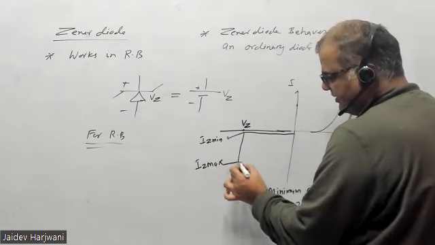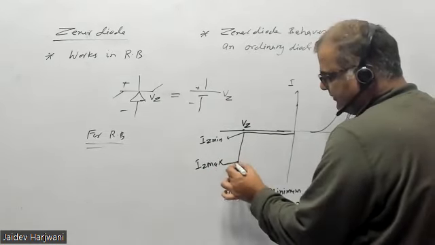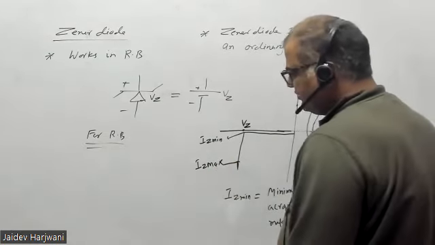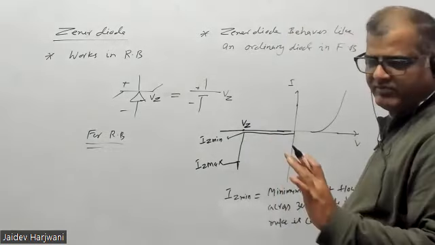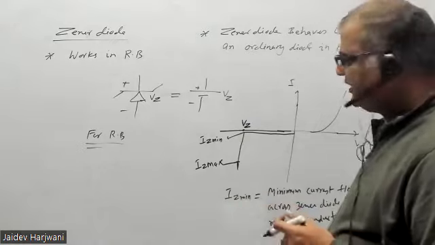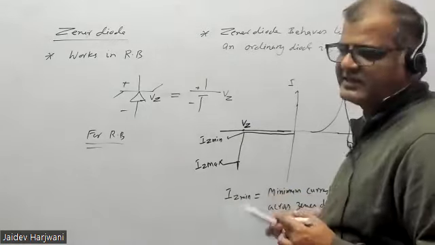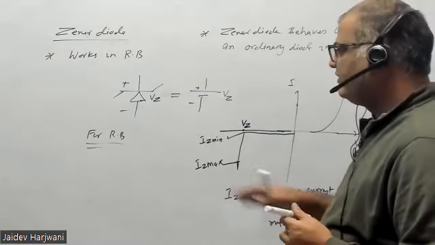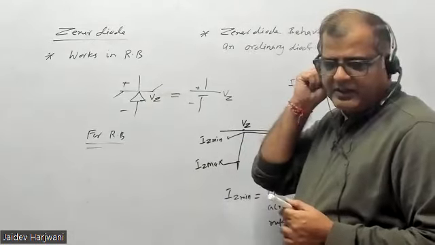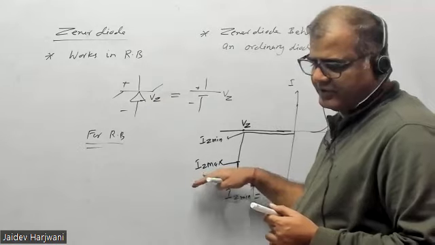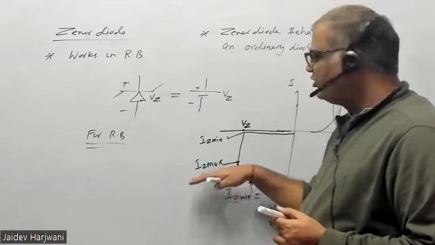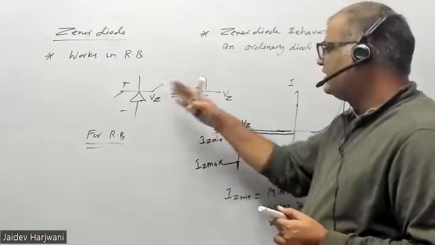These are critical parameters for the Zener diode. If I go beyond IZ max, your diode will get burned. So that is the limit. The current should not go beyond IZ max, otherwise it will burn.